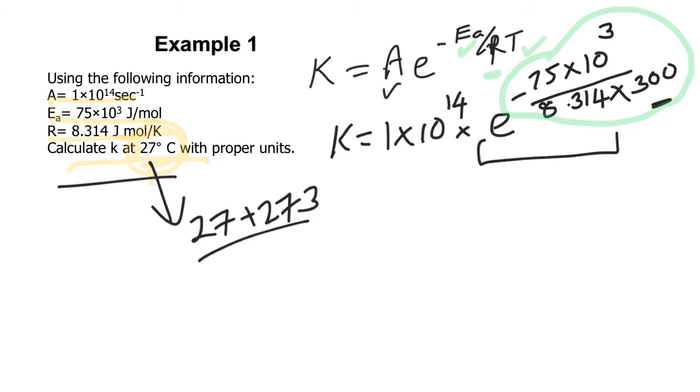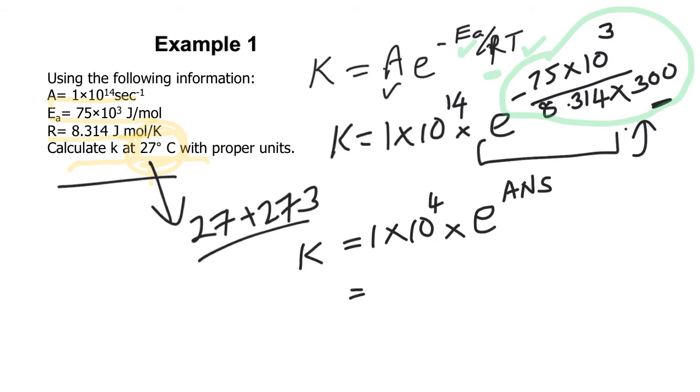Then multiply that with 1 times 10 power 14. That gives you the rate constant. Try that in your calculator, see what you get.